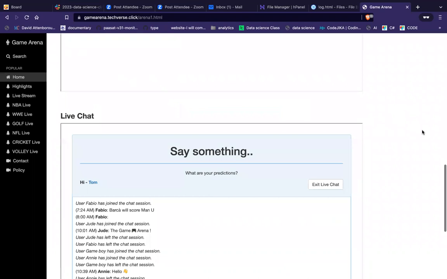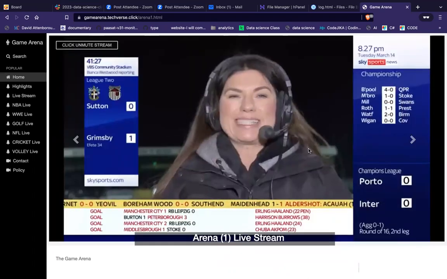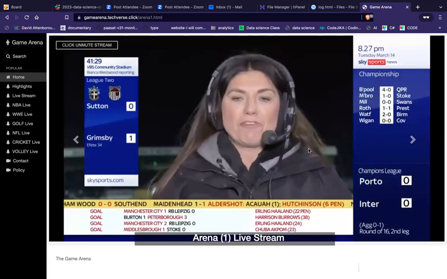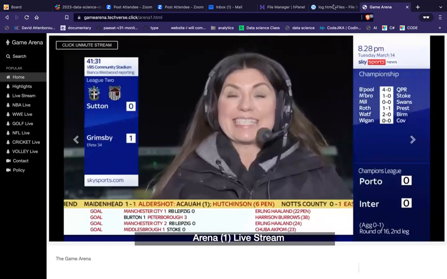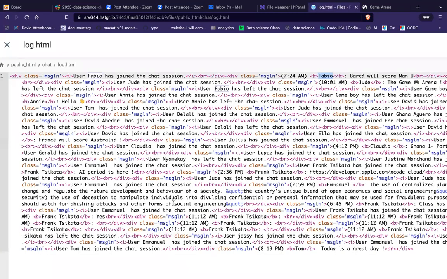Or do people just come and watch or stream, then just leave the site? With my log files, I can determine. In a day, I can say about 10 people visit the site, and only 2 people posted in the chat session.